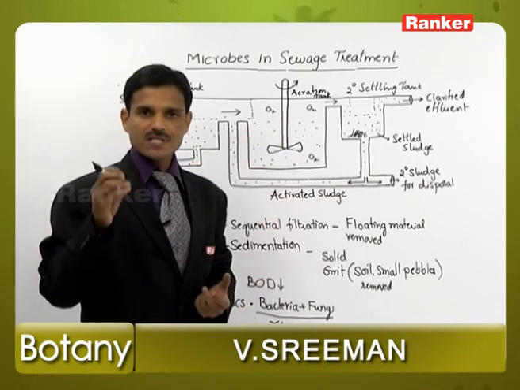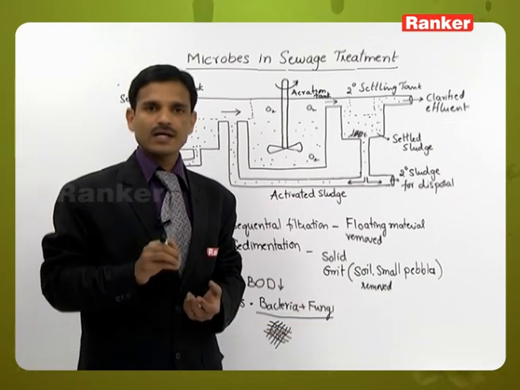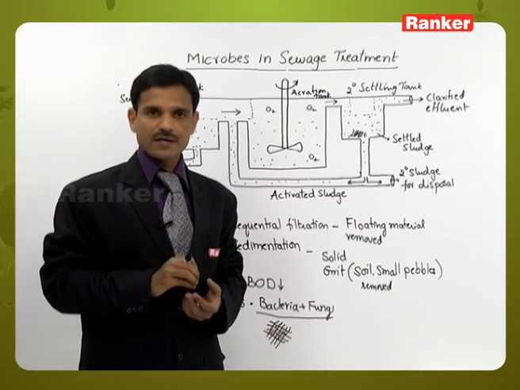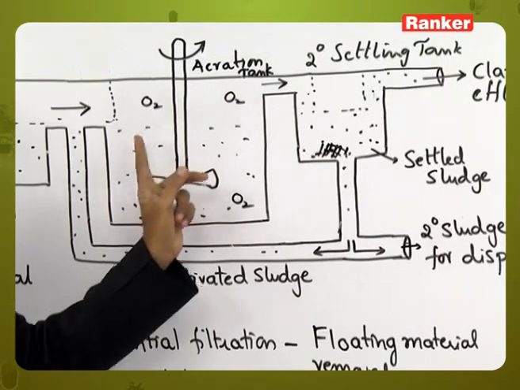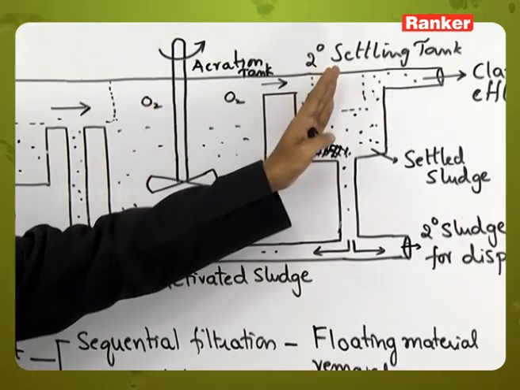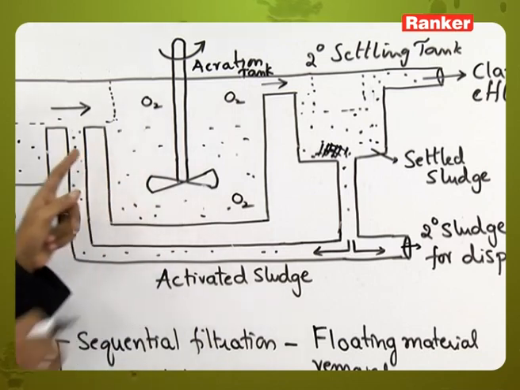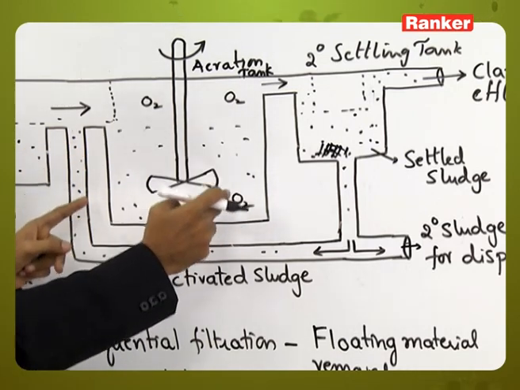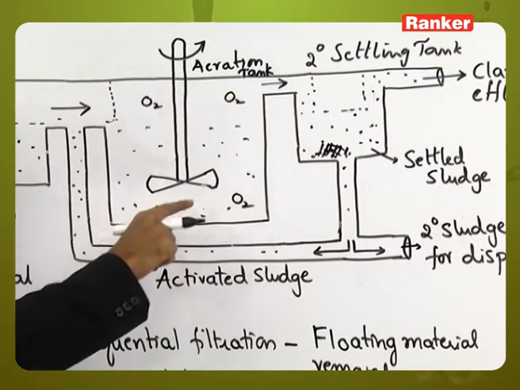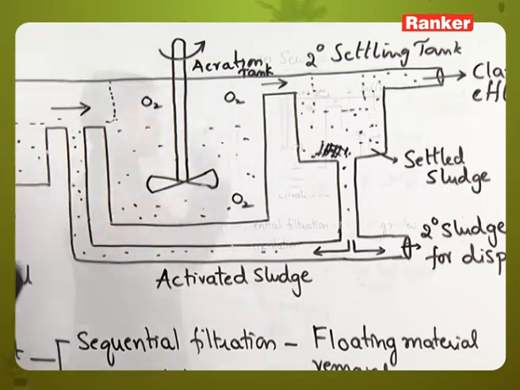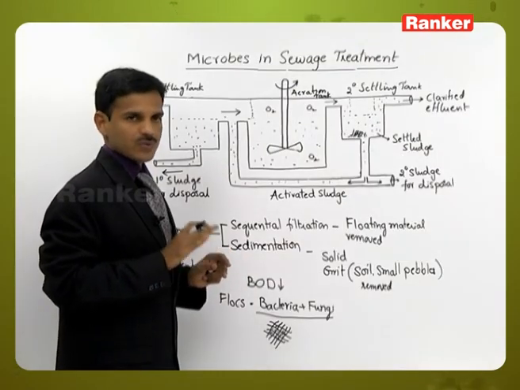If there is no bacteria, there is no bacterial growth and no oxidation of organic material. That's why some bacteria should be present in the aeration tank. If all the bacteria move into the secondary settling tank and none are present in the aeration tank, the organic material is not oxidized, so BOD is not reduced.